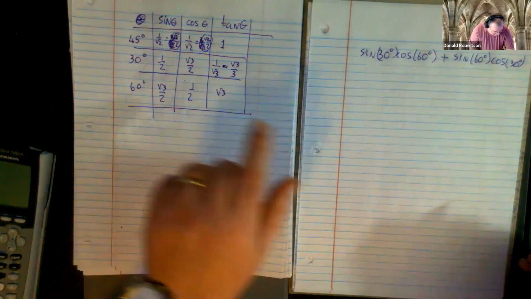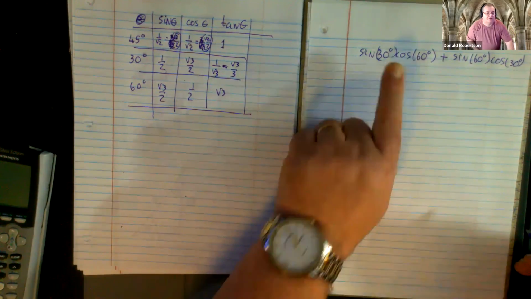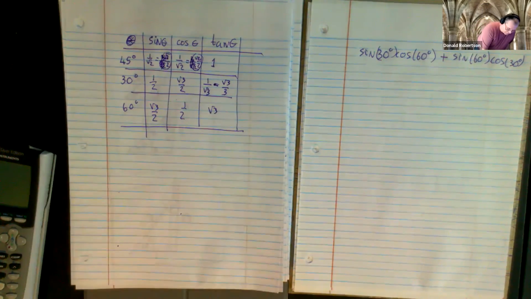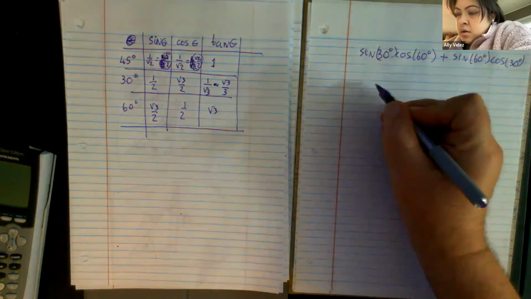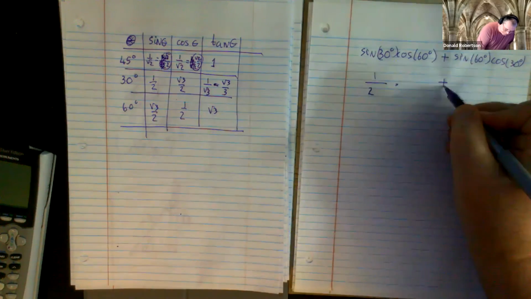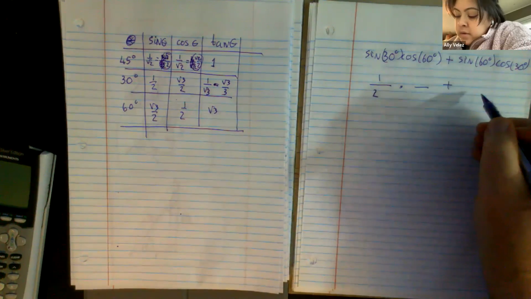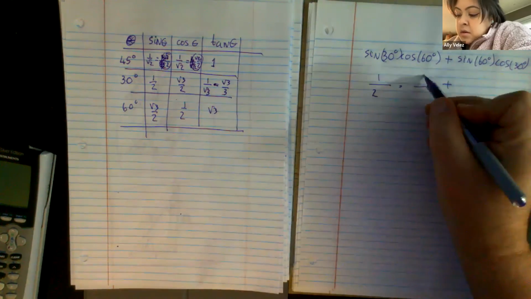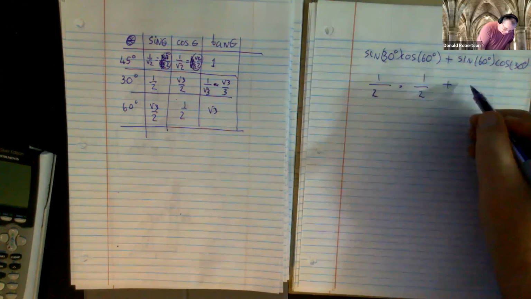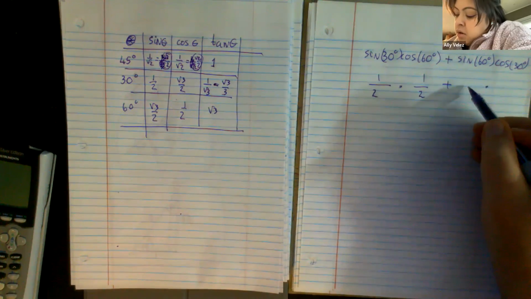Okay. What is the sine of 30 from this table? 1/2. What's the cosine of 60? 1/2. Sine of 60? Root 3 over 2.